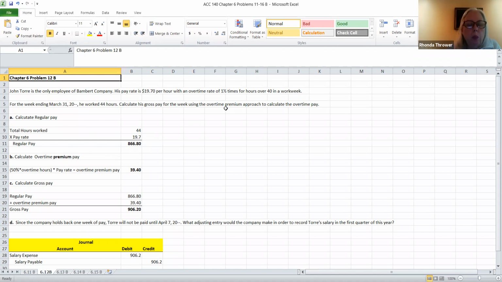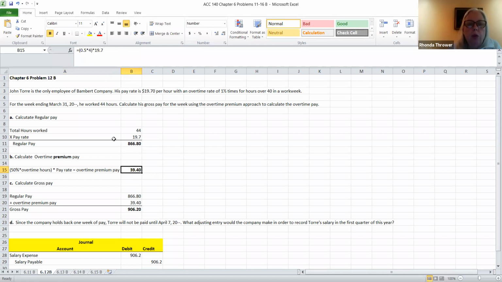Notice this is using the premium approach that comes from chapter 2, and this is how we calculate the overtime premium pay. We put it into a formula where we take 50% of the overtime hours and multiply it by the pay rate, and that will give us the overtime premium pay.